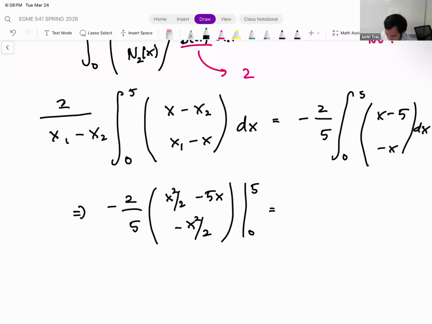Okay. So we can simply plug in the integration bounds here. So up top, we have 25 over 2 minus 25. And so that's going to give us a minus 25 over 2. And then on the bottom entry, we have a minus 25 over 2. Okay. And so a minus 2/5 times minus 25 over 2 minus 25 over 2.